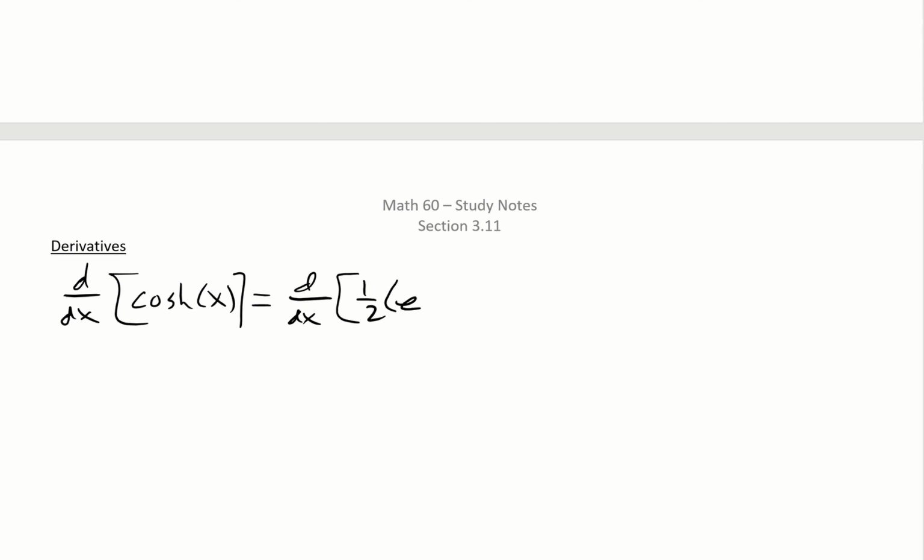Let's look at their derivatives. So for example, someone says, take the derivative of hyperbolic cosine. Okay, I will. What I do right away is say, all right, we're really deriving 1/2 (e^x + e^(-x)). Something interesting happens. We're deriving 1/2 e^x again, right?